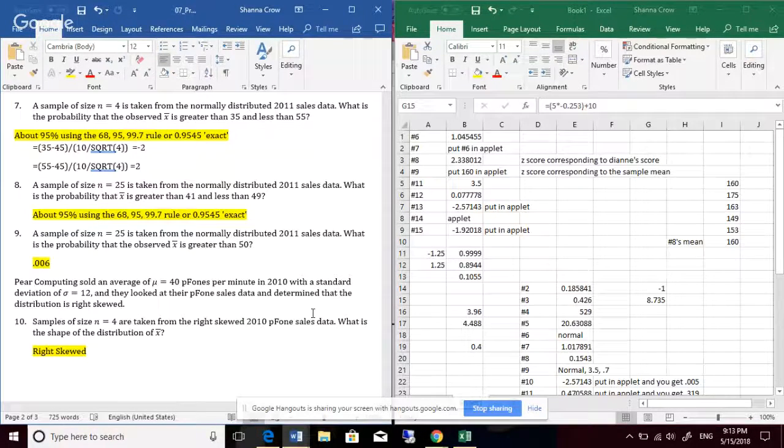So I do 41 minus 45. Is that the number? Over 10. Is that right? 41 minus 45 divided by 10.